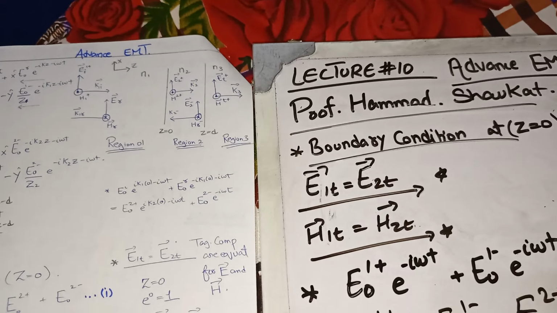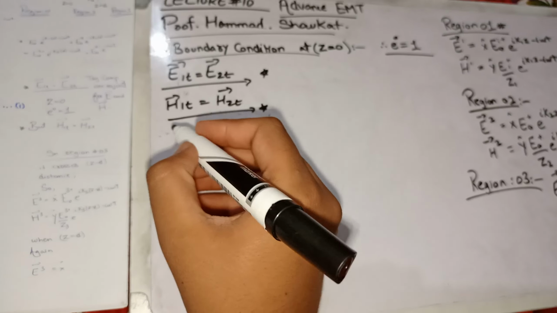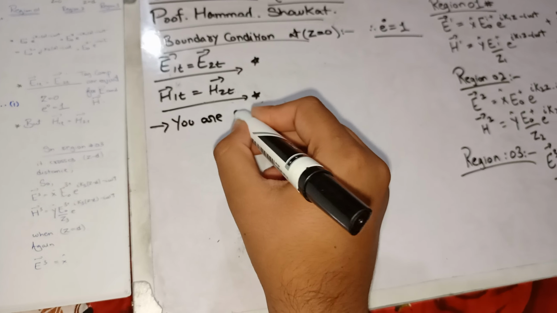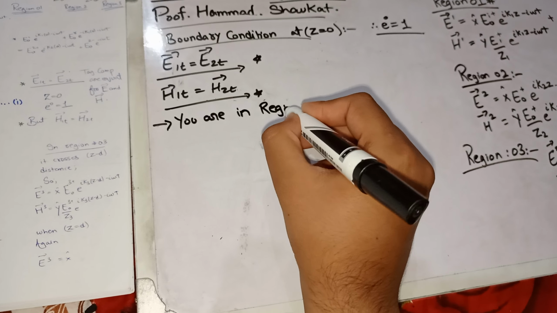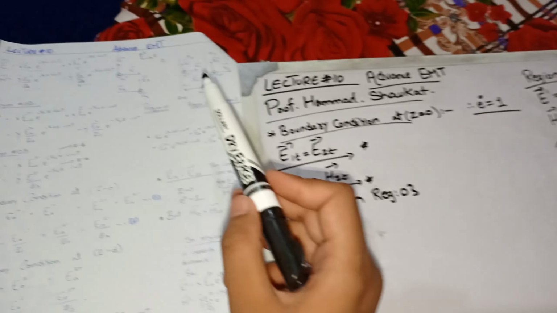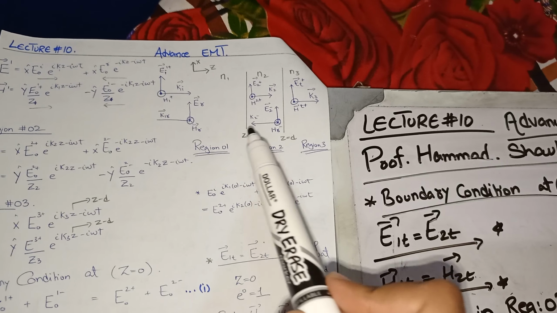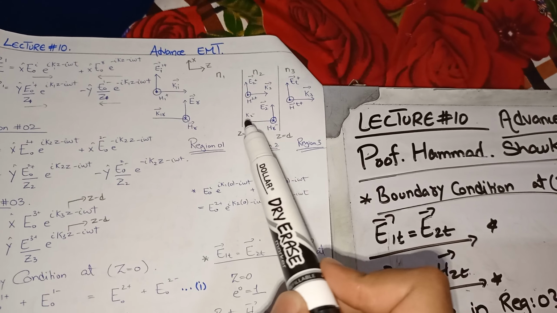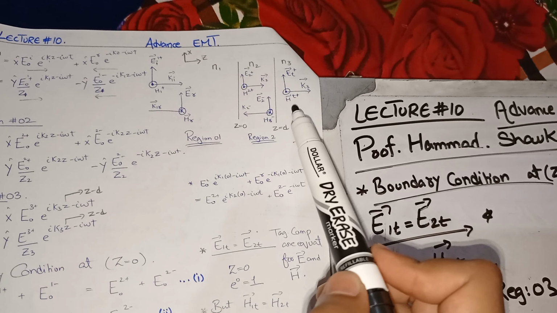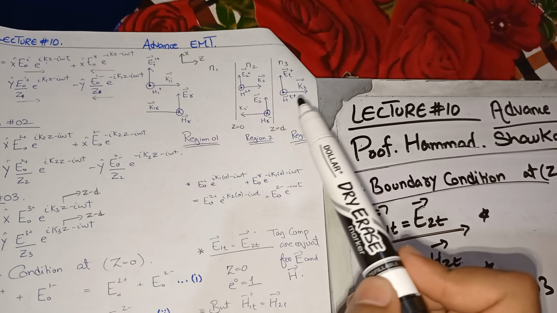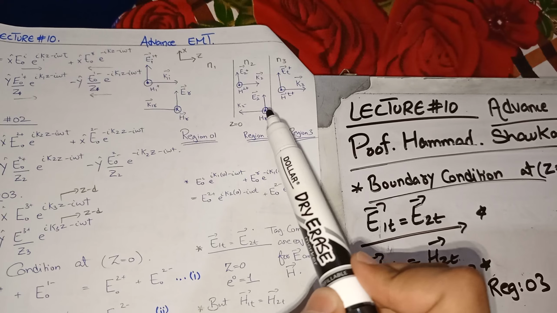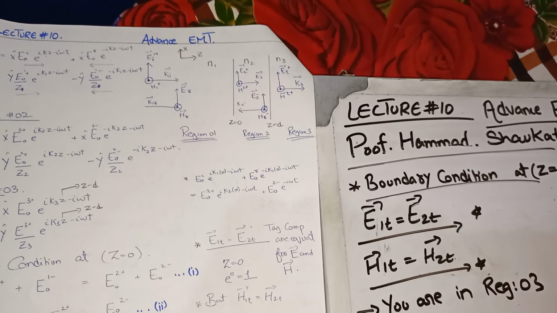Another thing you have to remember is this: when you are in region 3, you have crossed a distance d, because this is at z equals 0, and the distance between the two boundaries is d. So when you are in region 3, the net distance is, out of the total z, you move forward from d, so it becomes z minus d.